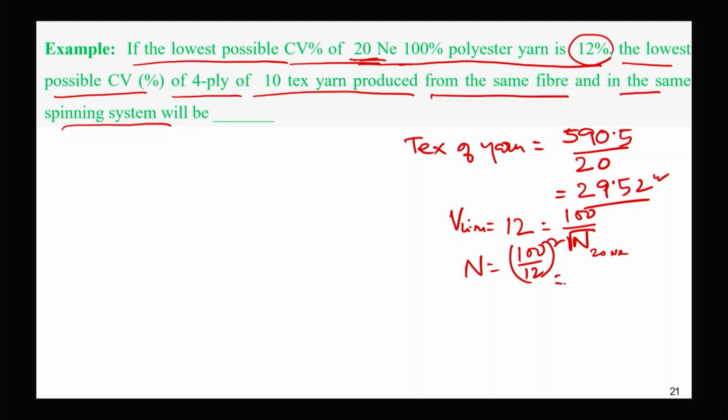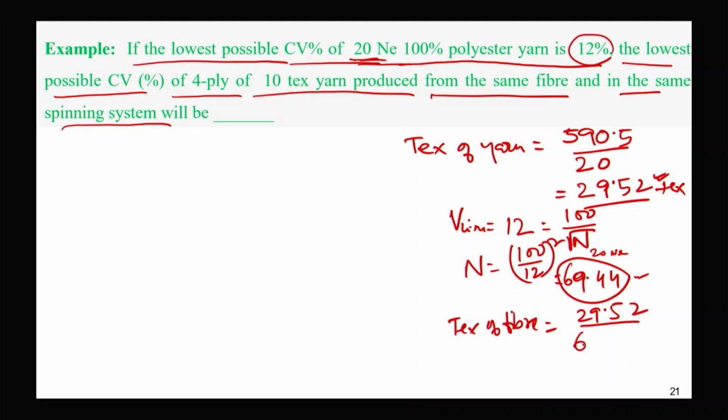It will become 69.44. Okay, 69.44 fibers are there, and the tex of yarn is 29.52 tex. Tex of individual fiber will be 29.52 divided by 69.44, which is 0.425 tex.